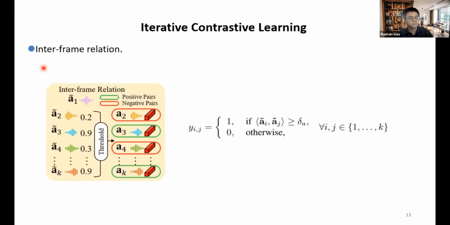In our inter-frame relation module, there are K audio instances. We measure the similarity between each instance. If the similarity is higher than the threshold, the pair will be a positive pair. Otherwise, it may be a negative pair.